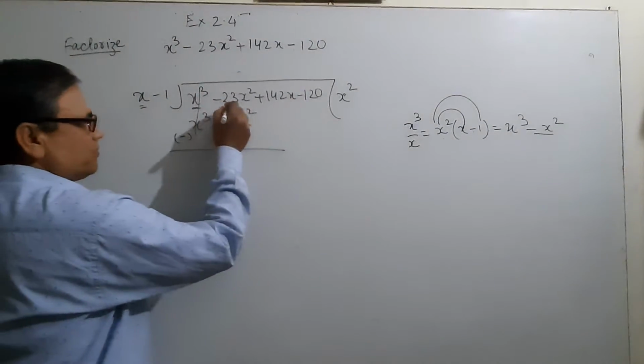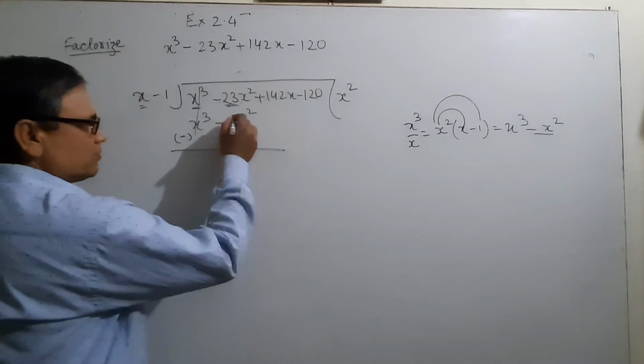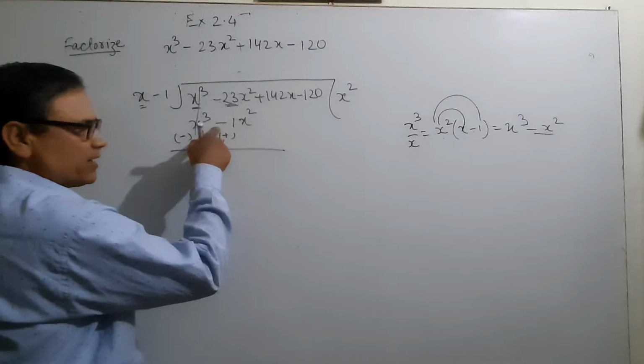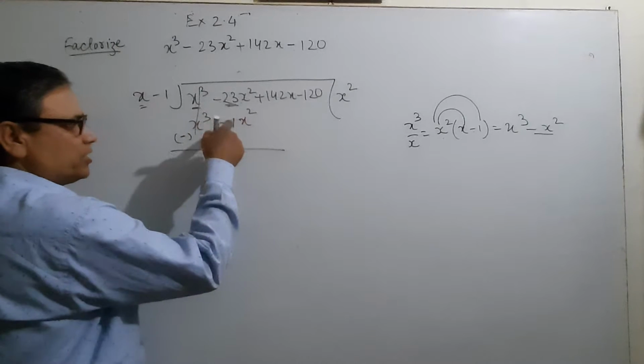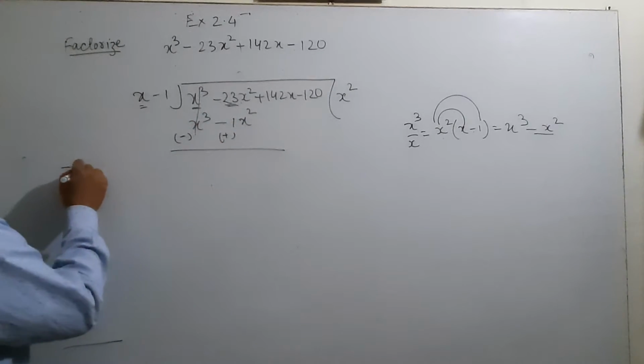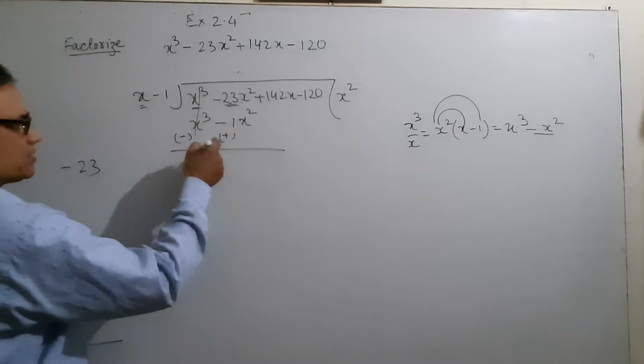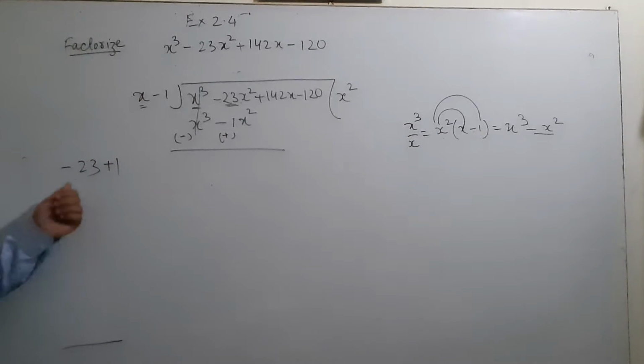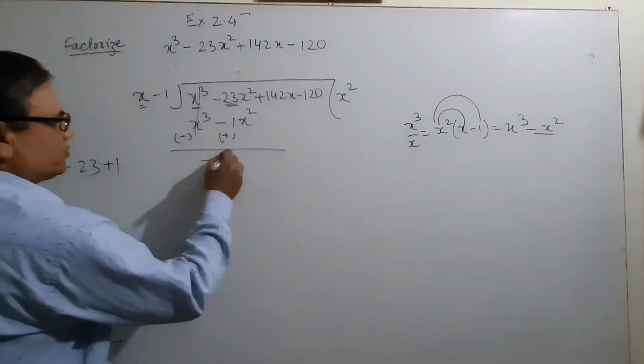Here is minus 23, here is 1. This is not minus, now this is plus. Minus 23 and plus 1. Minus 23 plus 1 is equal to minus 22.